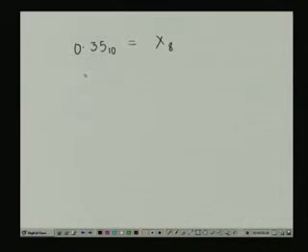So, now the rule is multiplication. So, 0.35 will be multiplied by 8, and what will be the value?